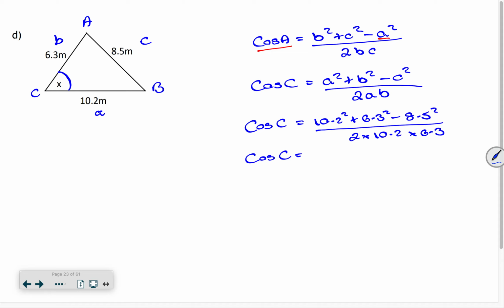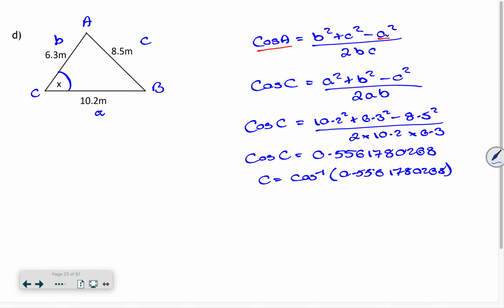That's going to give me cos C is equal to 0.556178 0268. So C is going to be cos to the minus 1 of that. So shift cos that. And that's going to give me 56.2 degrees.